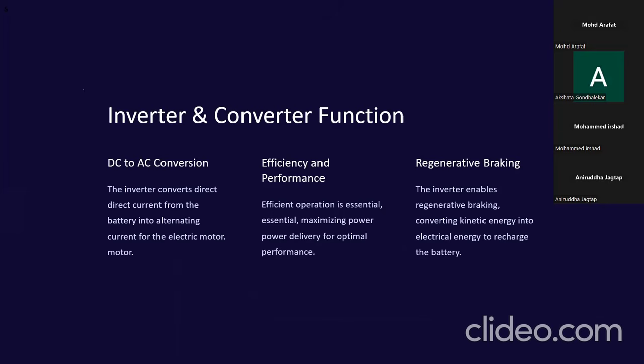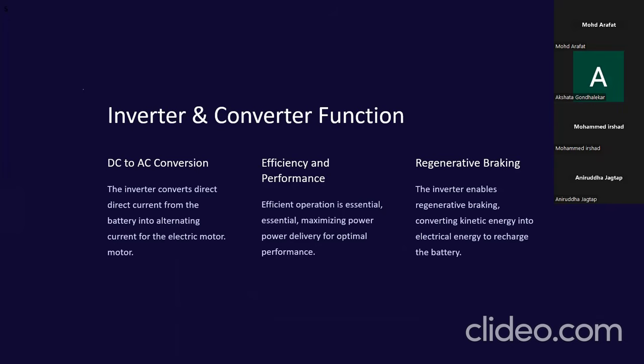The input can be DC to AC, DC to DC, AC to AC, or whatever it is. But the ultimate purpose of the converter is to convert the power, meaning whatever input you are giving, it should provide the output based on the required voltage and current. But it will keep the power the same.